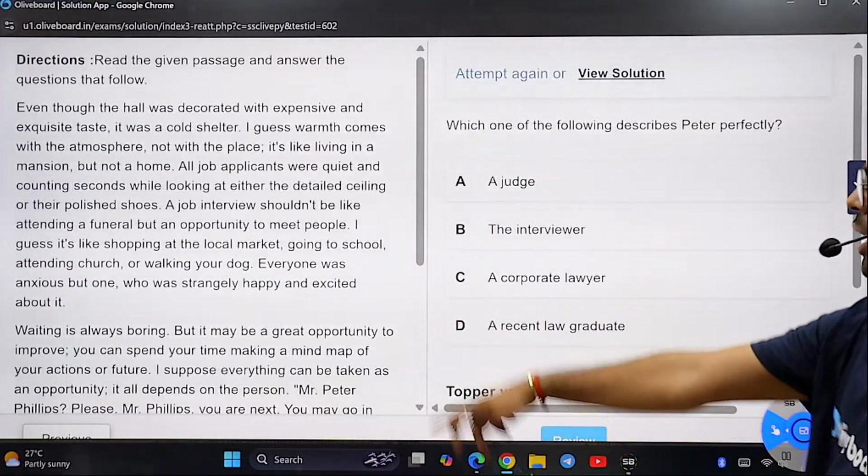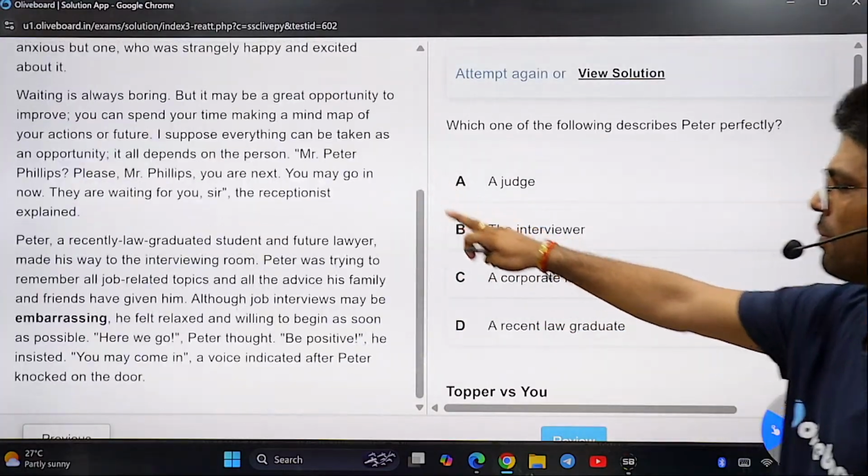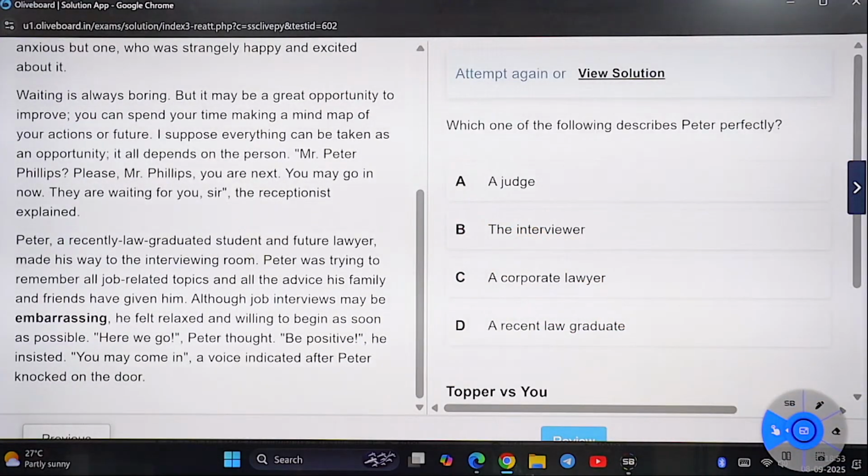Which of the following defines Peter? Exactly.